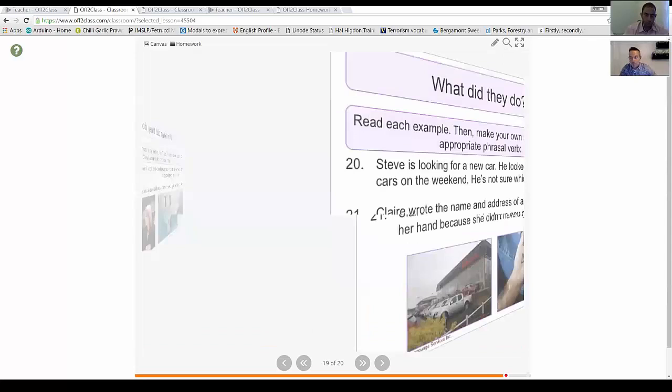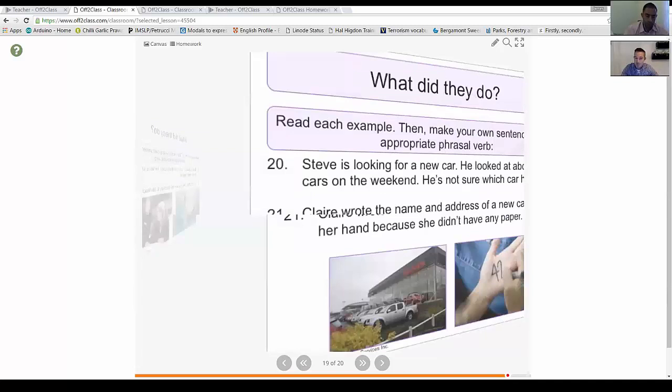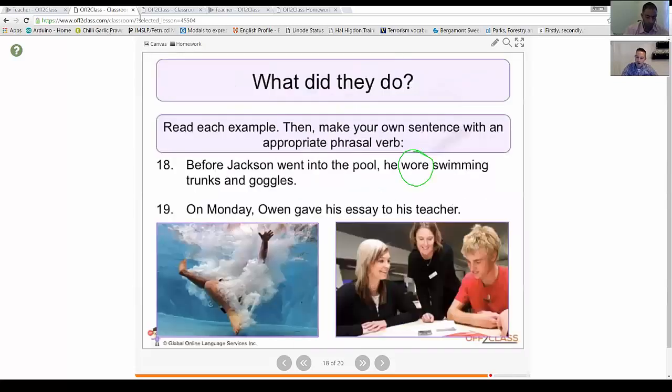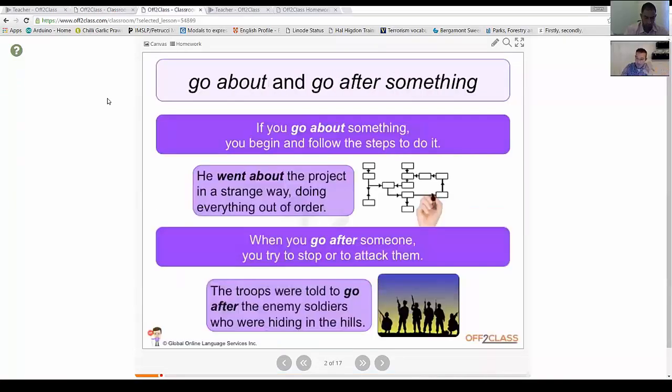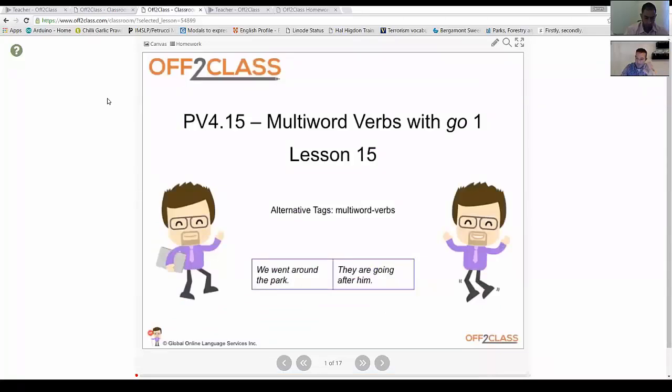So we've got a variety of lessons that focus on the grammar as introductory lessons. And then secondly, we've got lessons that focus just on particular groups of multi-word verbs. So obviously you have a main verb that comes with the particle or adverbs, and some teachers don't agree with this, but I find it's nice to group them together: go in, go out, go about, go after.